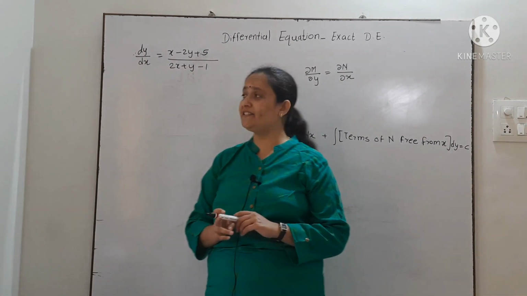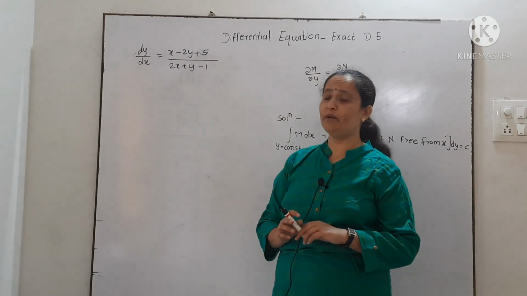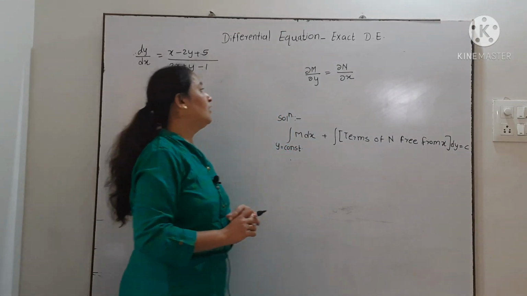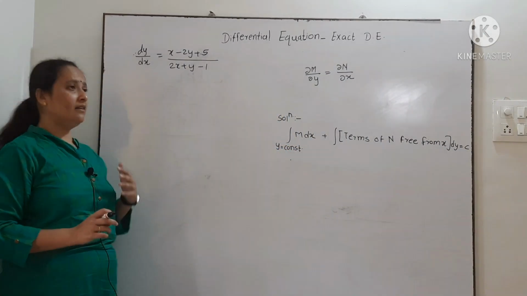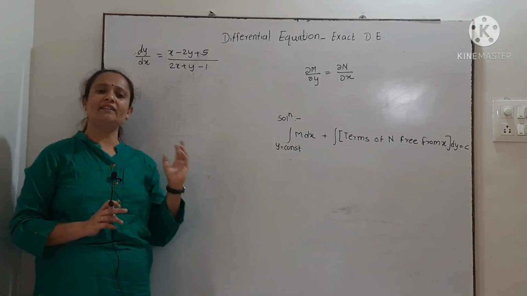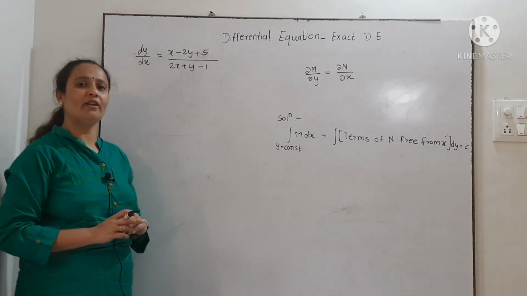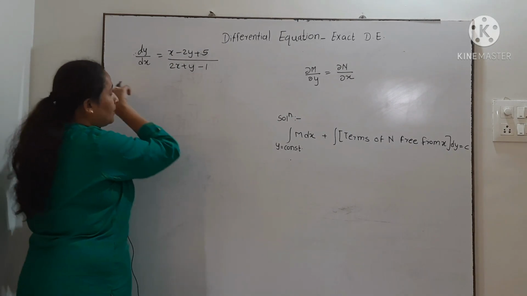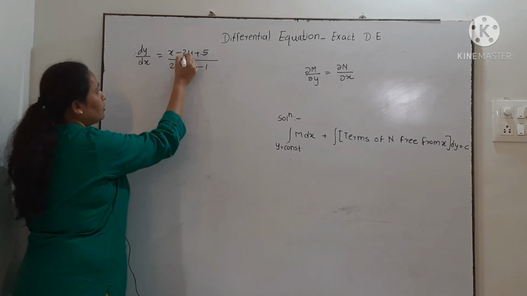Say dy by dx equal to (x minus 2y plus 5) upon (2x plus y minus 1). Once you see the example, you can suddenly think that this is a non-homogeneous differential equation. You are right, but here you can check the condition whether b1 is equal to minus a2. What is the value of b1?